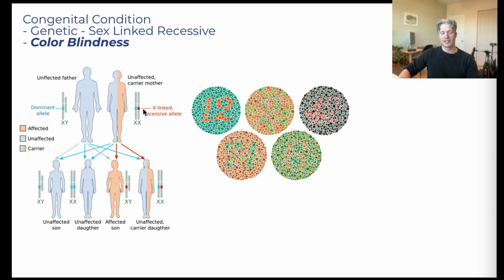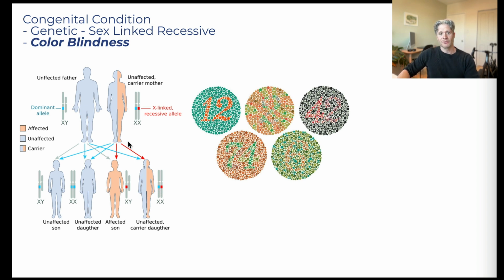But if the mother passes on the affected X-linked allele or chromosome that has color blindness associated with it to, let's say, a daughter, we'll start there, they become a carrier, but because they have a dominant, let's say, non-color blindness on the other X chromosome that they receive, they end up just being a carrier but not expressing color blindness. So again, women cannot have this type of red-green color blindness.